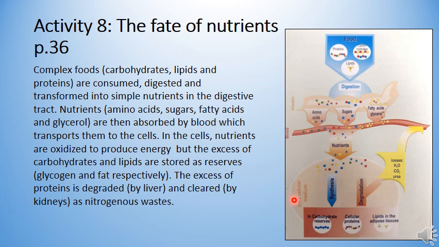In the cells, nutrients are oxidized to produce energy, but the excess of carbohydrates and lipids are stored as reserves, for example, glycogen and fat, respectively. The excess of proteins is degraded by liver and cleared out by kidneys as nitrogenous wastes.